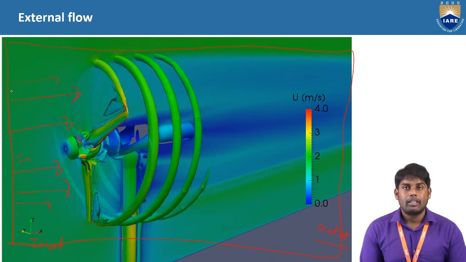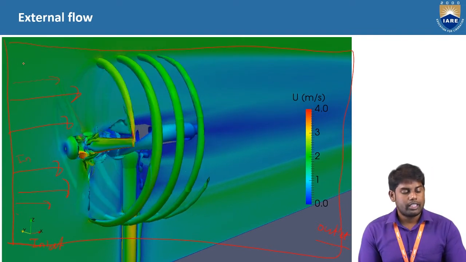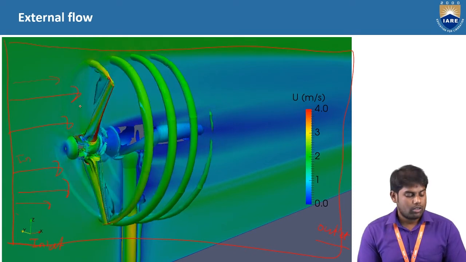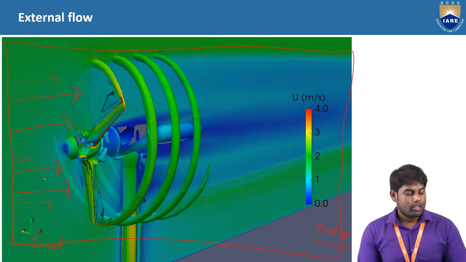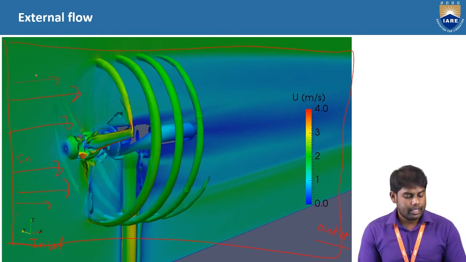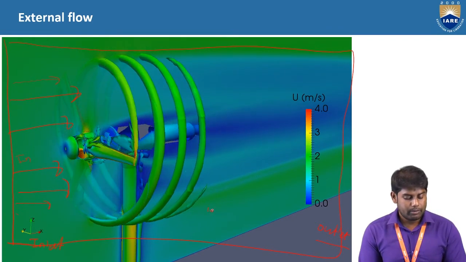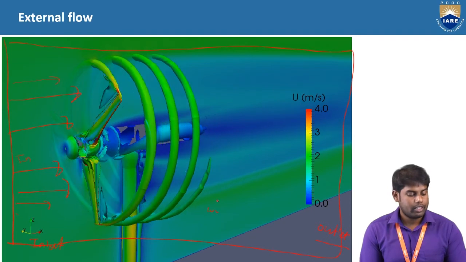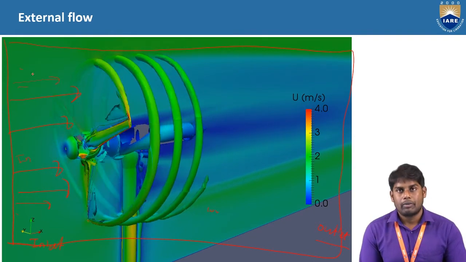What would be the initial velocity? With what velocity is the air coming onto the turbine? With what RPM is the blade rotating? Let's say it is rotating at 10 radians per second, and the air is coming at around 4 to 5 meters per second.